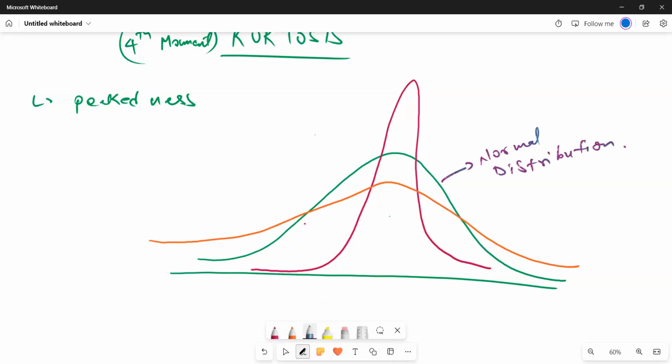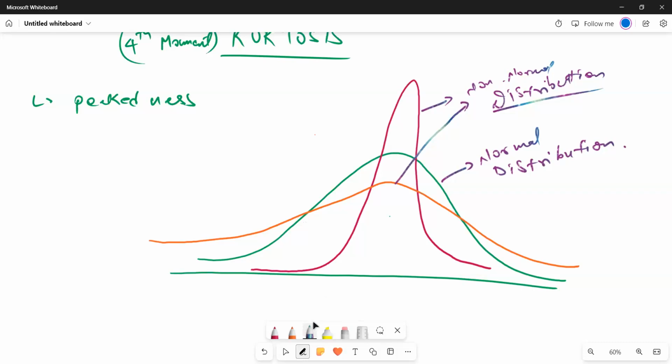These are your non-normal distributions. Although the peakedness of the distribution is not very important, there will be hardly any cases where you use kurtosis. But just because it exists, I'm walking you through it in this particular session.